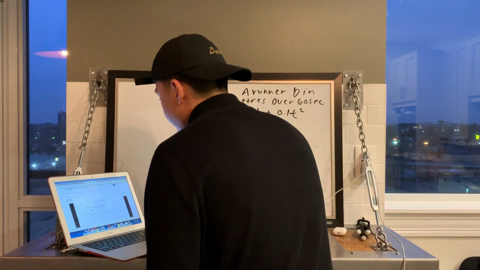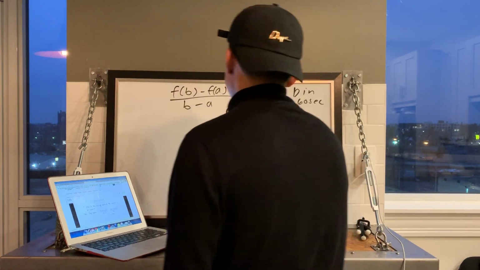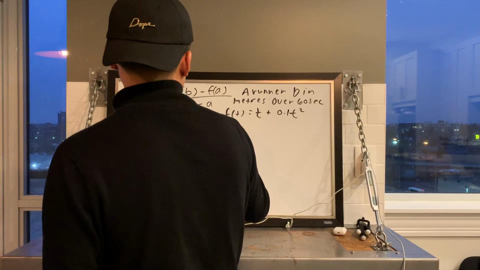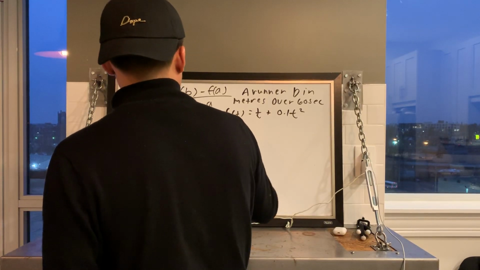What's the average speed for the 60 seconds? So just go f of 60 minus f of 0 over 60 minus 0.